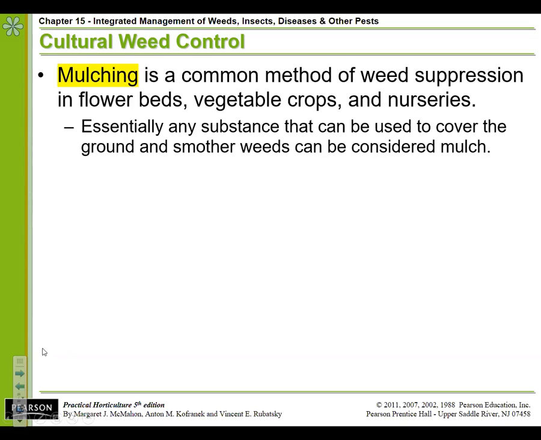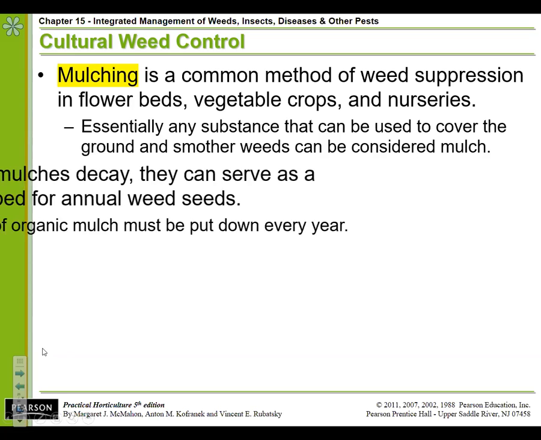Generally, though, they're harvesting straw before the crops go to seed. Versus hay, which is a mix of all kinds of different plant species and timed differently. So some things might be blooming and going to seed, so you might actually be adding weed seeds in that case.